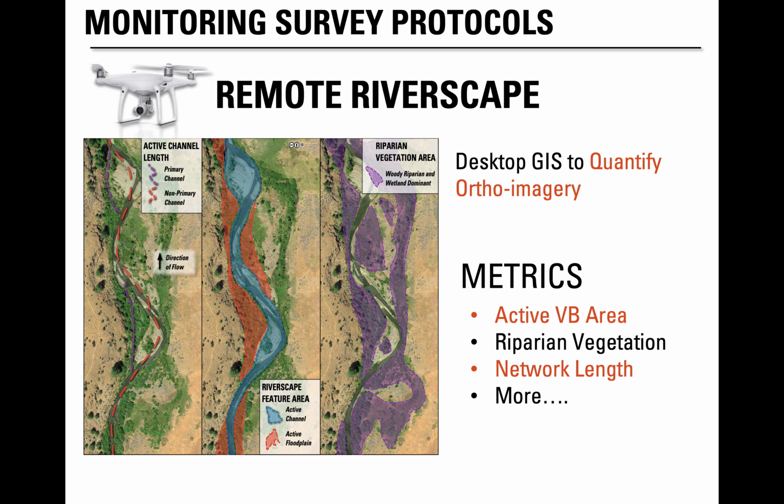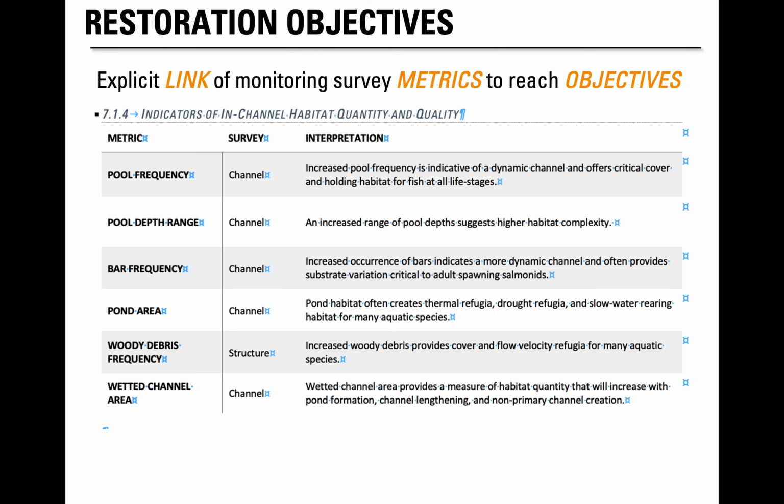So designed to capture things like what's my primary and non-primary channel lengths, how are my active channel and active floodplain changing over time, and what's my riparian vegetation composition and extent. So a number of metrics describing these larger riverscape features from aerial imagery.